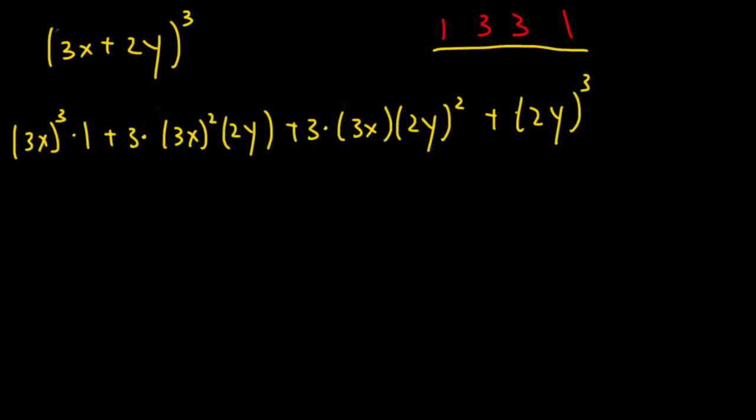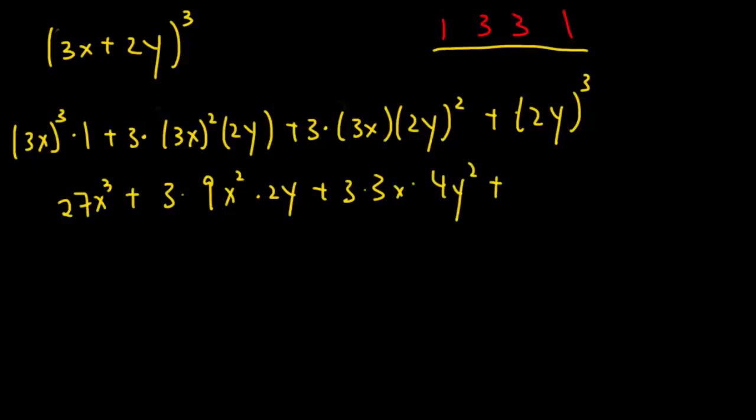Okay, so that will be 27x cubed plus 3 times 9x squared multiplied by 2y, plus 3 multiplied by 3x multiplied by 4y squared, plus 8y cubed.